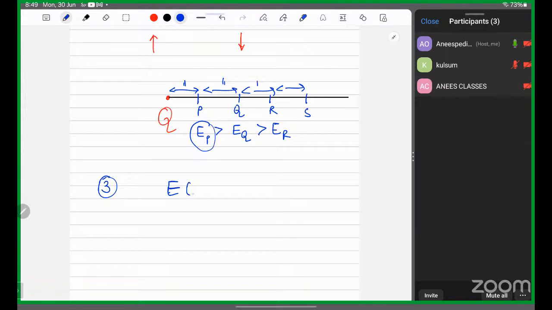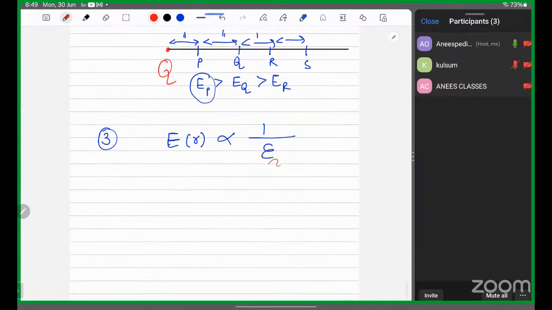So electric field at any distance R is again inversely related with epsilon. And you should be aware about epsilon. What is epsilon here? In Coulomb's law, epsilon is the nature of the medium. So electric field E is connected with the nature of the medium, which means the value of electric field E will depend on in which medium the source charge Q is placed.